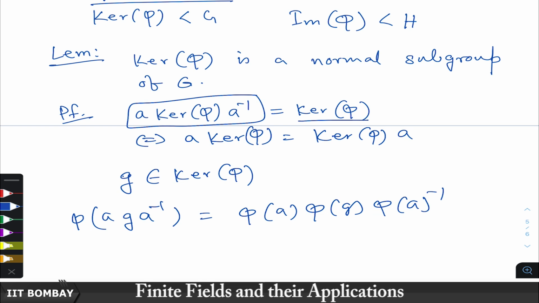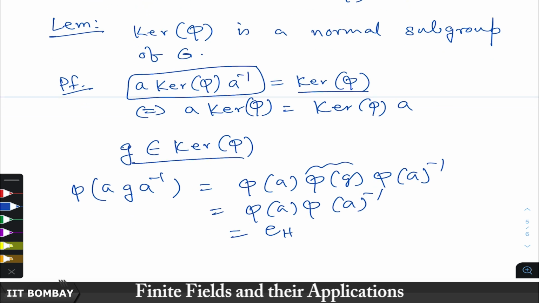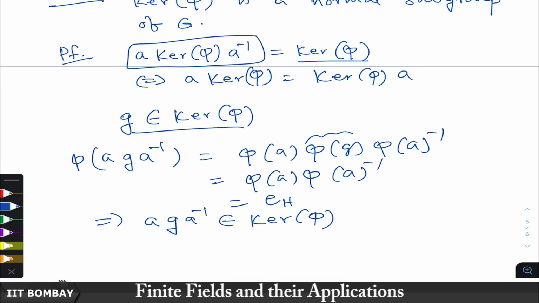Now, g is in the kernel, so phi(g) is e. So, we get phi(a) times phi(a)^-1, which is e_H, which means that a g a inverse is in the kernel. So, this proves that a kernel phi a inverse is a subset of the kernel of phi.